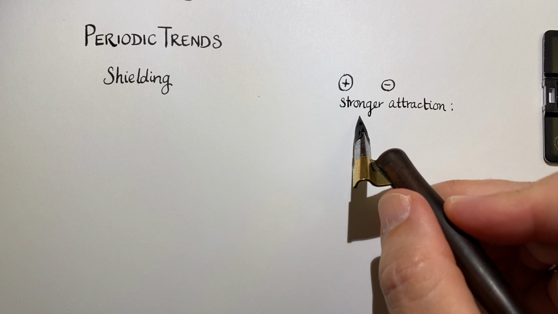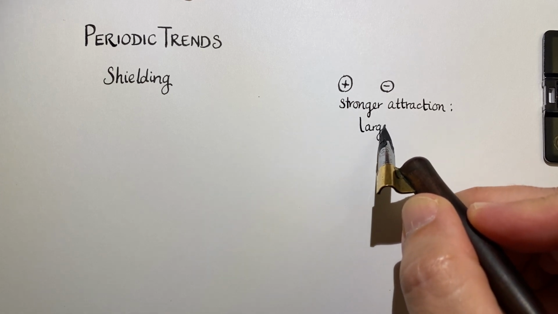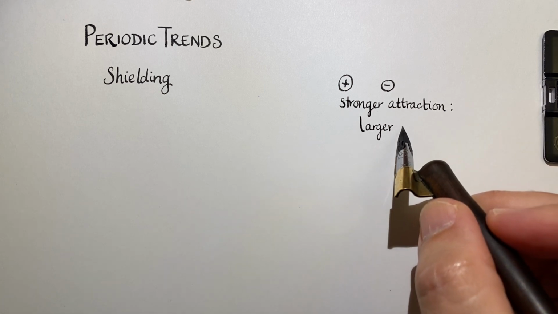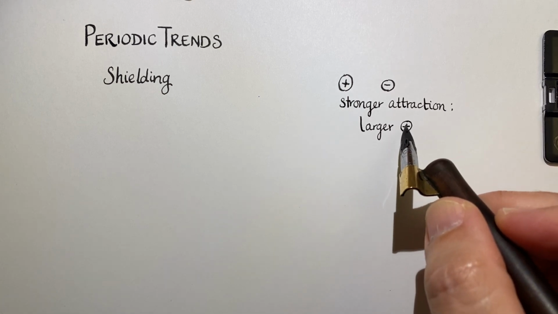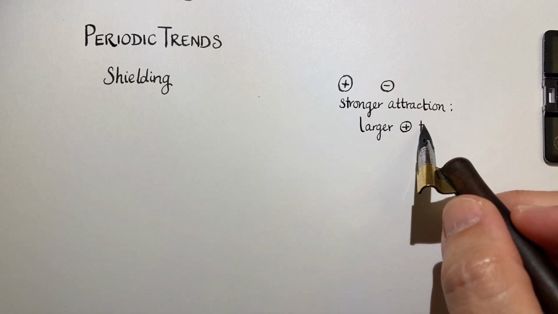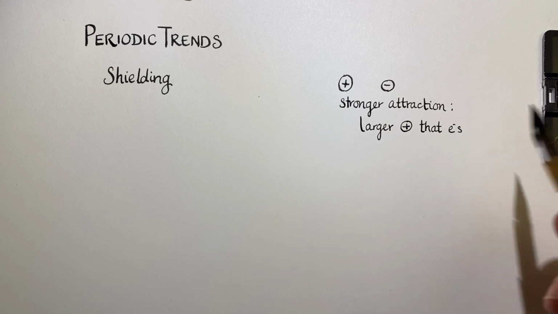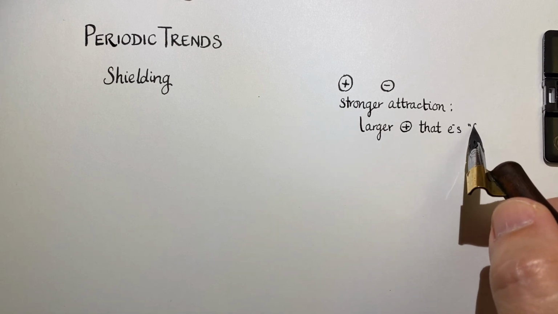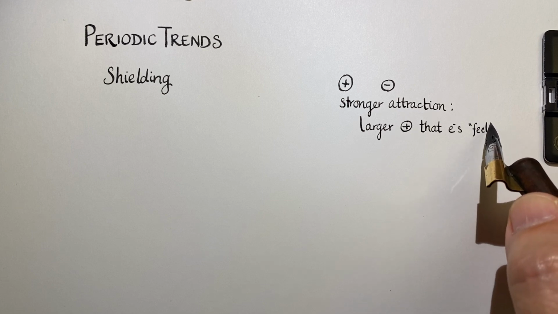Okay, so if there's a larger magnitude of positive charge in the nucleus that the electrons, I'm going to say feel, I'm going to pretend like they're sentient beings.